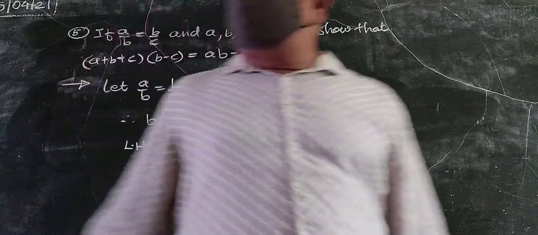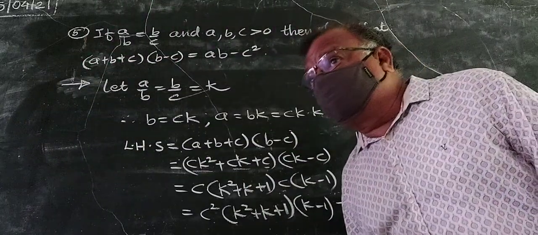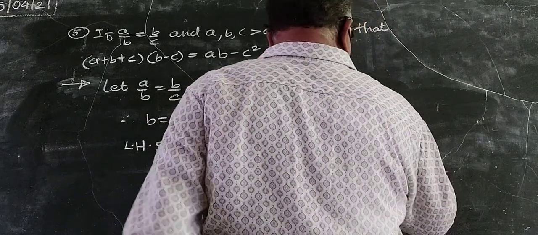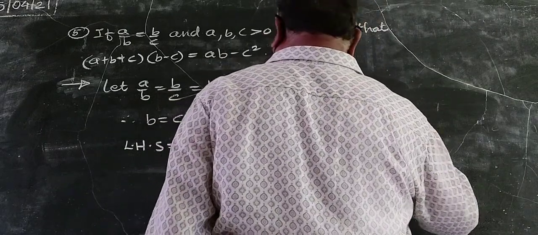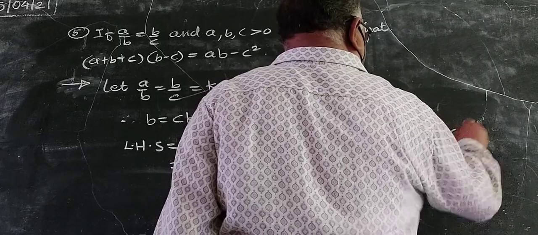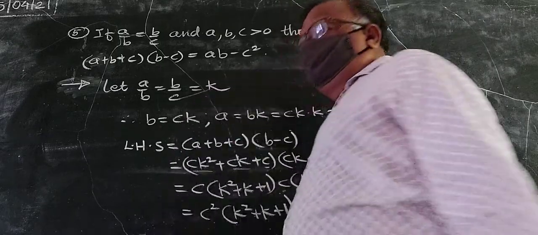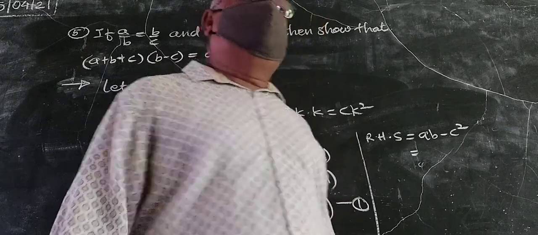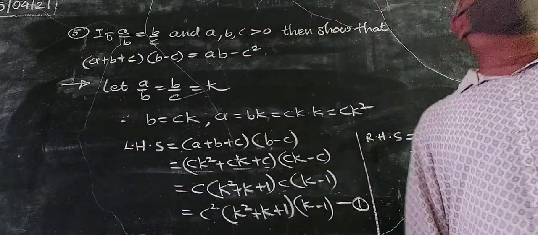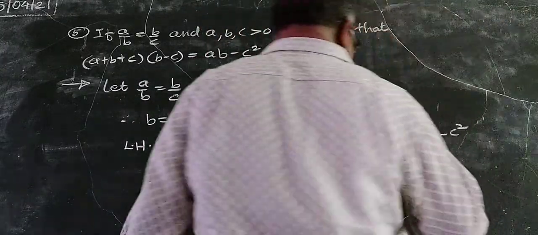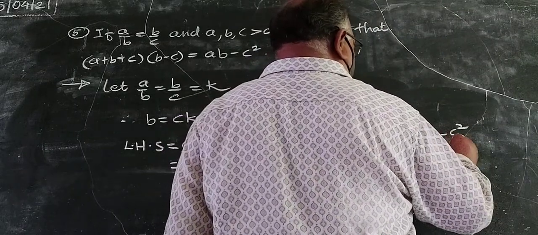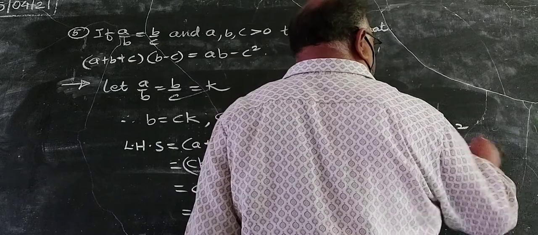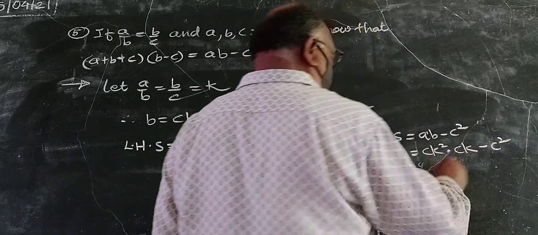Now we shall try to get what RHS is equal to. Look at the board. RHS is equal to AB minus C square. A is how much? CK square. So A is CK square into B, which is CK, minus C square.